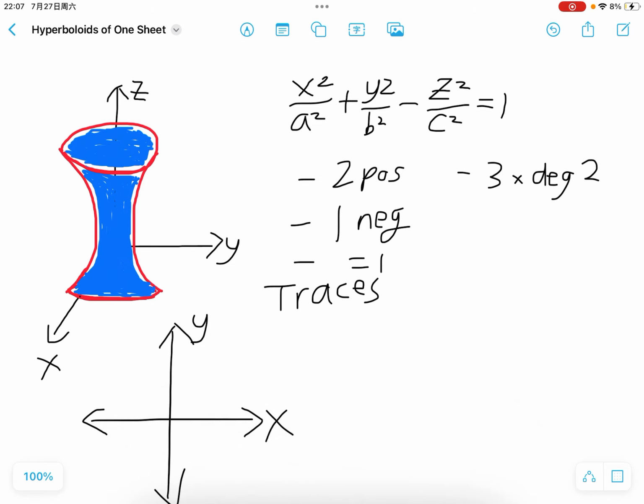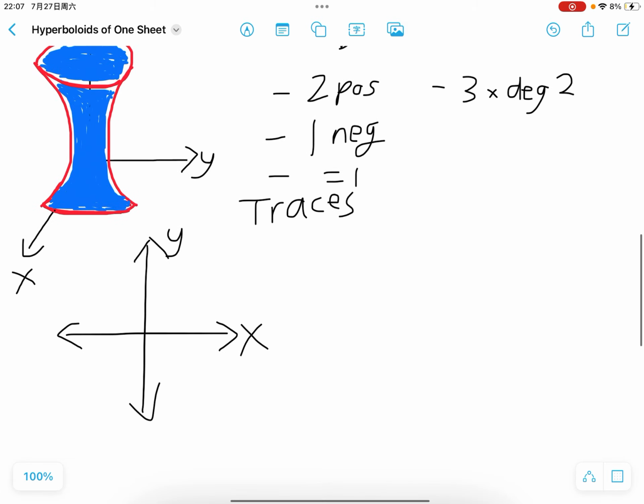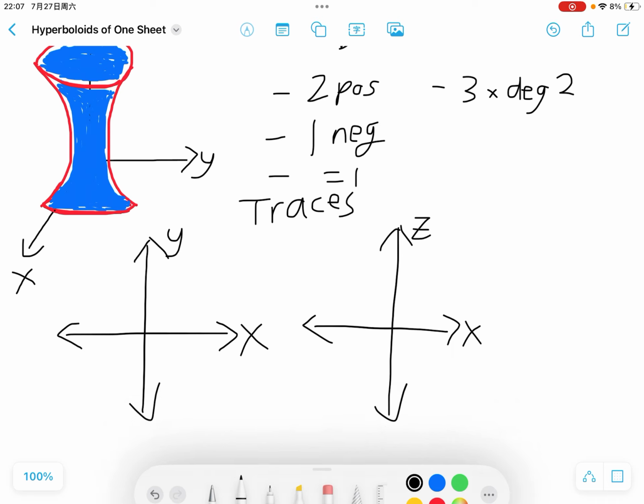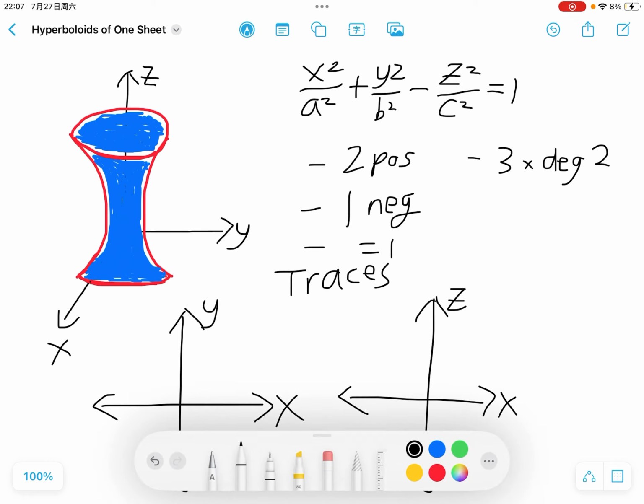So I graph that shape. And then we also have the XZ trace, which is basically what I think my graph will look like if it intersects this plane here.